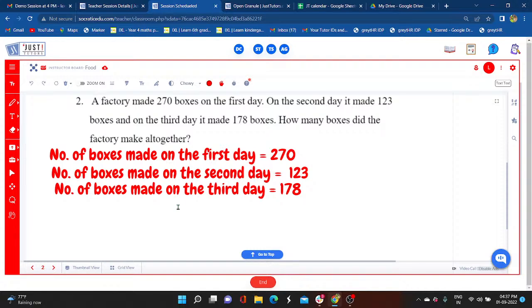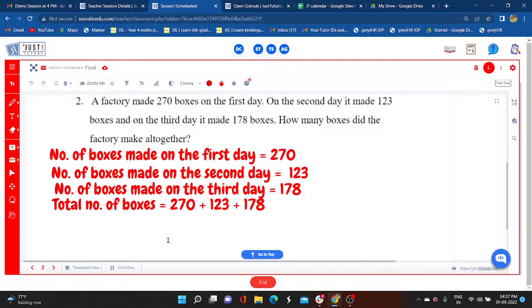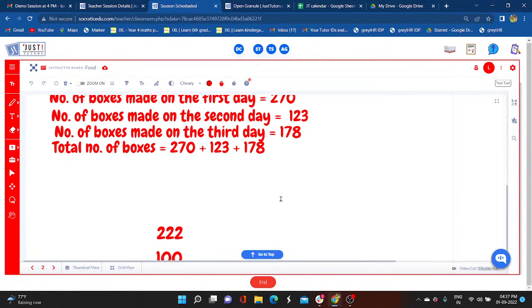So how many boxes did the factory make altogether? How many boxes are there altogether? Total number of boxes is equal to, what do we do in this case? 270 plus 123 plus 178. These are the total number of boxes, right?